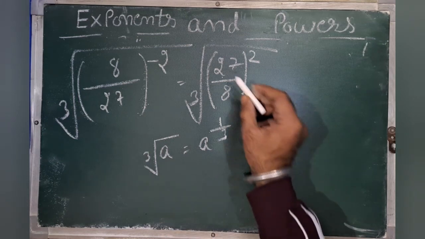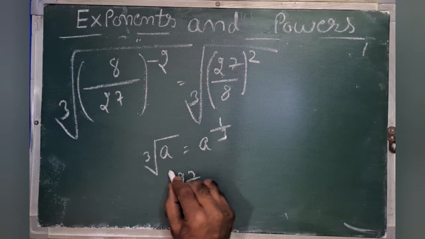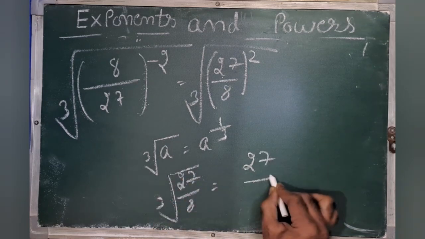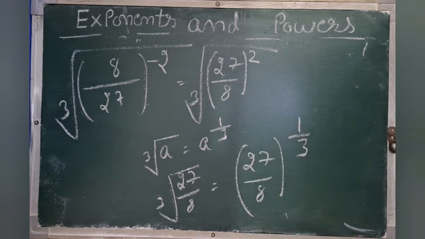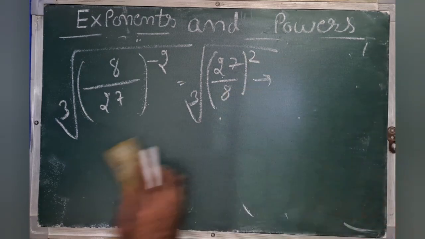So it's the same. Let's suppose 27 by 8 is a, and this is 3. So how do we write? We write (27/8) whole power 1 by 3. If a is 27 by 8, but in this case the power is 2 also. So what do we do in this?